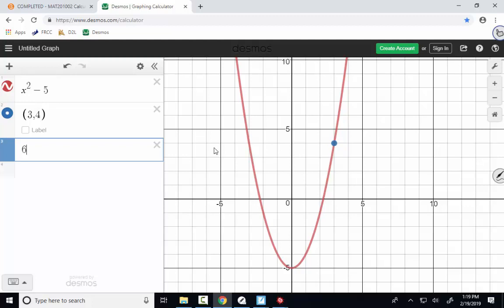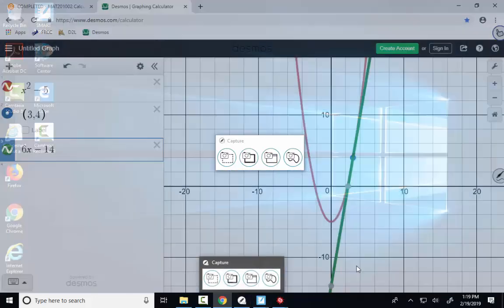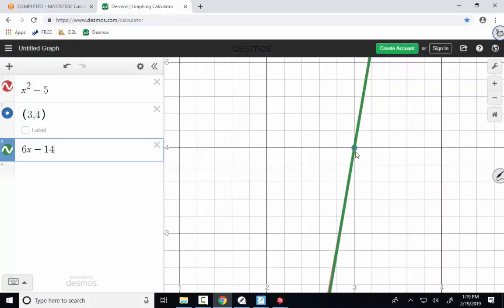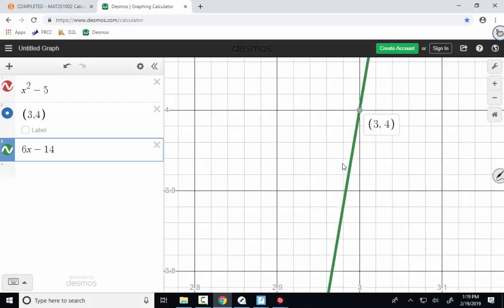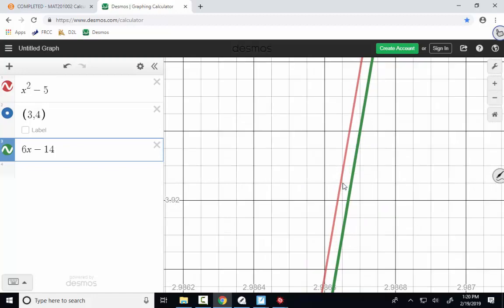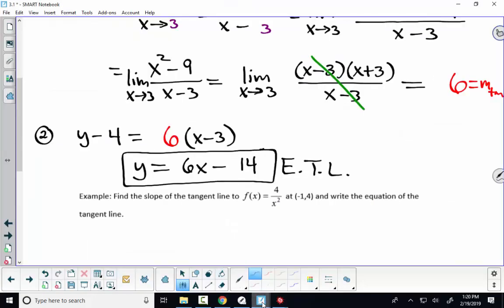And then we said that our tangent line was 6x minus 14. So that's the line we constructed that touches the graph at that single point. You have to get really close to see that it's not touching anywhere else. But that's what our work shows us visually.